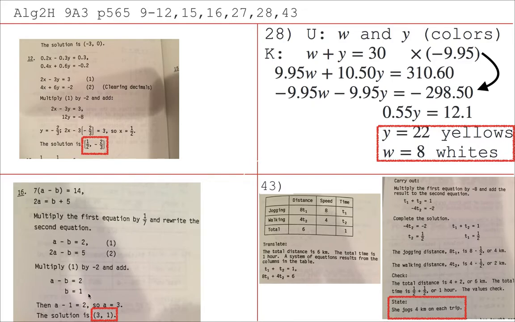So therefore b equals 1, and back substitute into this equation, not the original equations, but this particular equation: a minus 1 equals 2, so a has got to equal 3. So the solution is 3, 1.